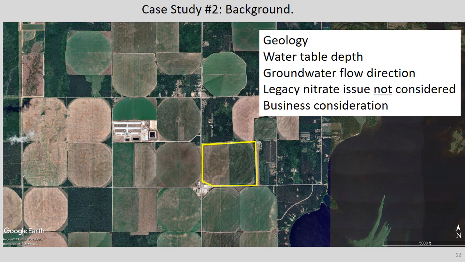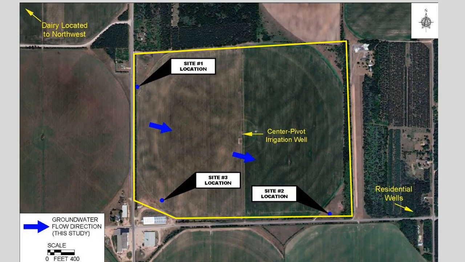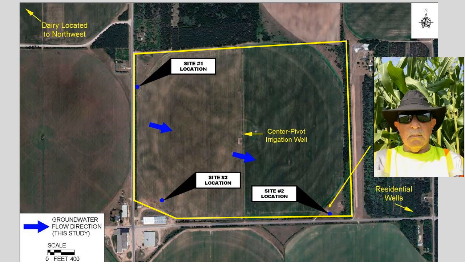So we monitored this irrigated property, and here the groundwater is flowing this way. We had 3 locations where we did some high resolution monitoring and isotopic analysis to see what was in the groundwater and what that meant with relationship to could the dairy be the cause of the residential problems.